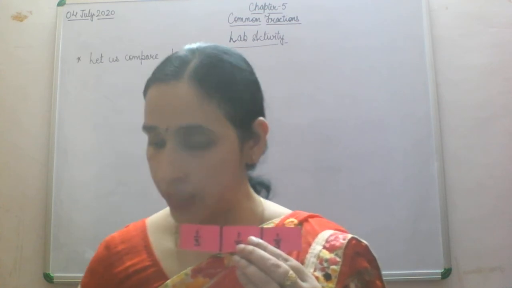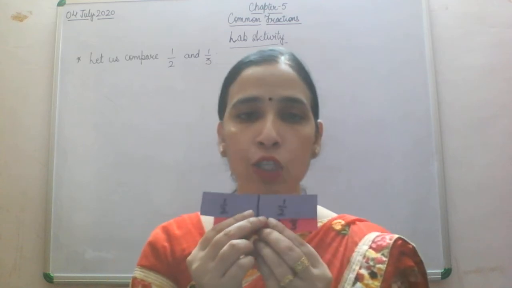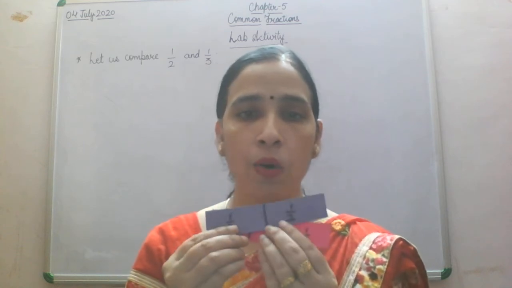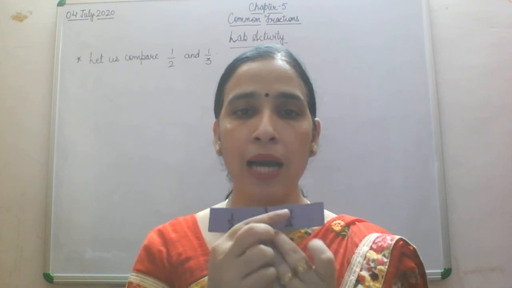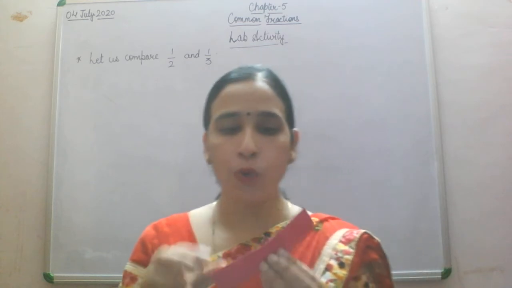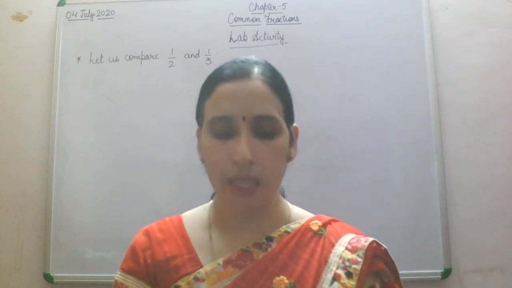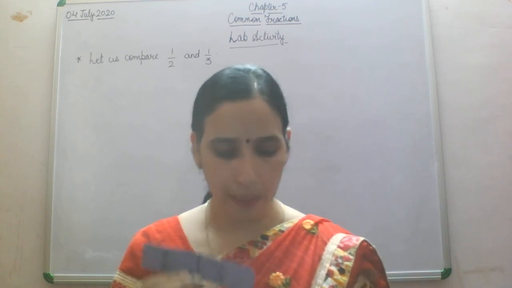Similarly in the other strip, which you have divided into two equal parts, each part will represent 1 by 2. Here 1 by 2 and 1 by 2. Now what will you do? You will cut along this line and take out 1 by 2. See it once again.